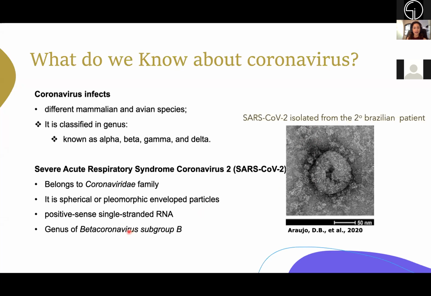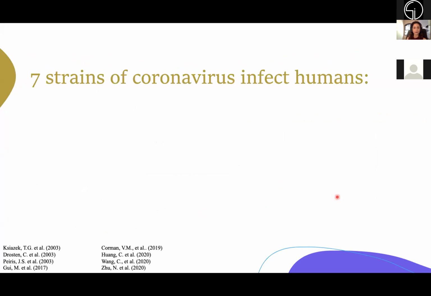Okay. And this virus has a positive-sense single-stranded RNA and belongs to the genus of beta coronavirus, subgroup 2. So this crown all around the virus is made of a protein called the spike protein, and that gives the virus its name, coronavirus, because it looks like a crown.